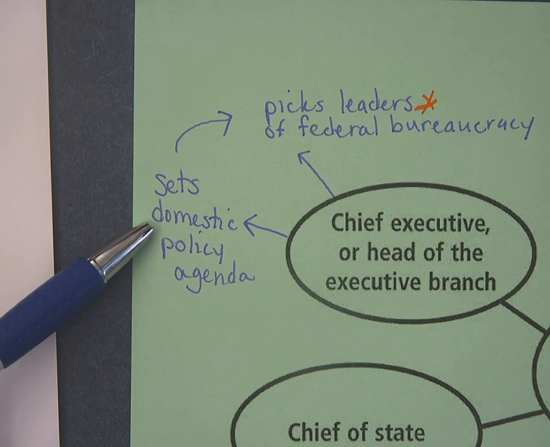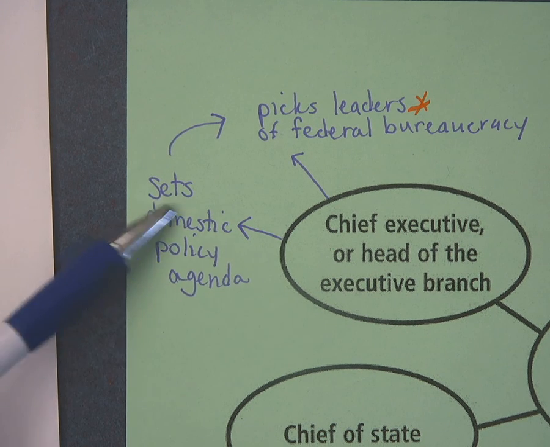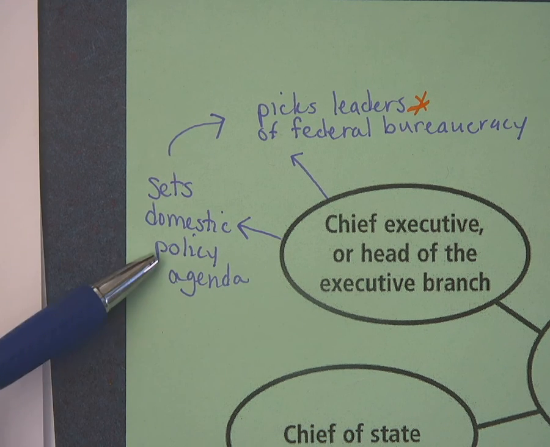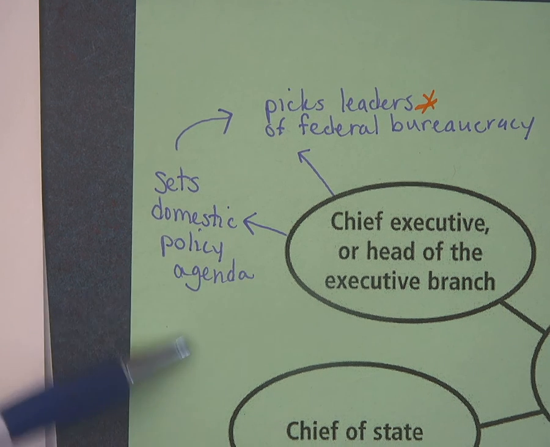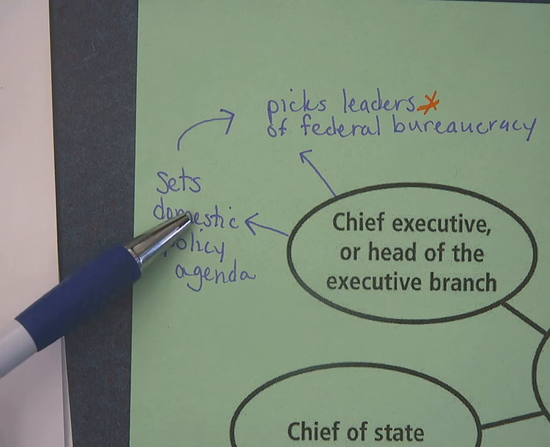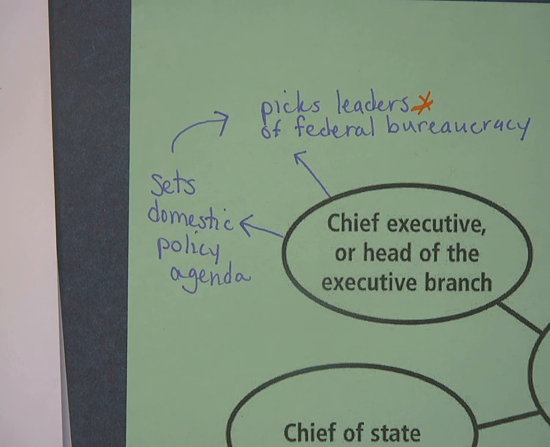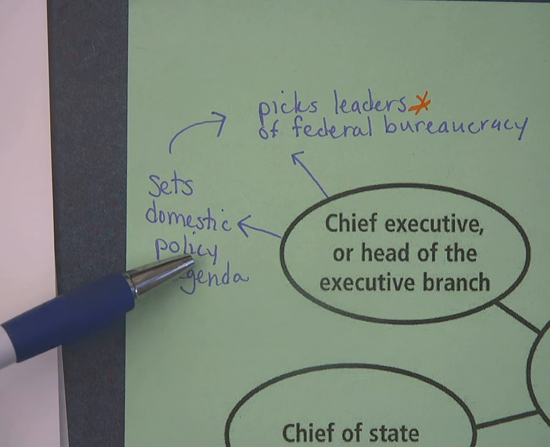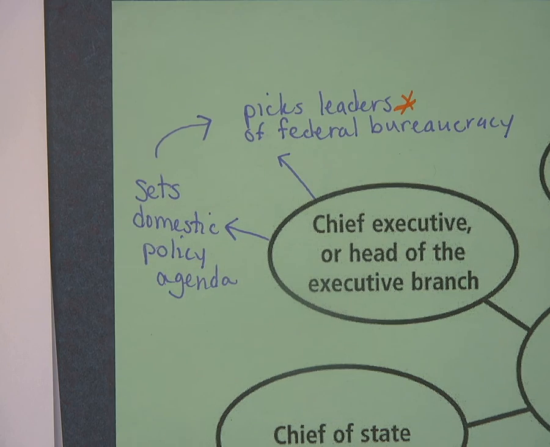We have foreign policy, how we deal with other countries. Domestic policy, how you handle issues in this country. Could be immigration, could be healthcare, could be transportation, roads, it could be the environment. Lots of domestic policy out there, and he sets that agenda, usually by picking the leaders of the departments, as well as executive orders. Don't forget executive orders. We have an assignment on that.